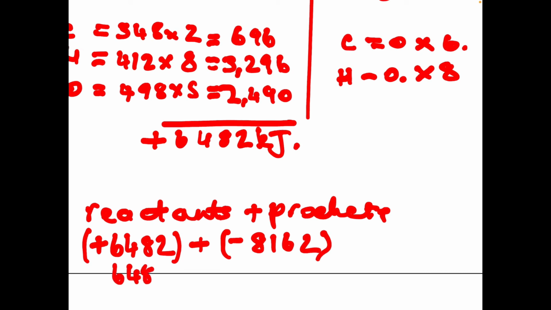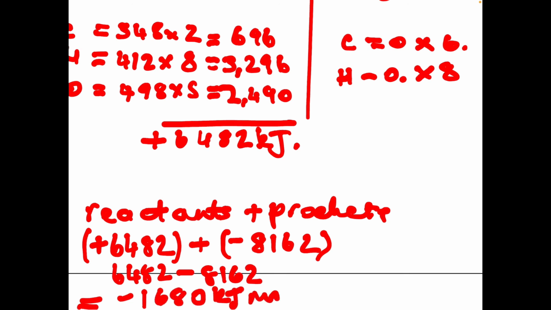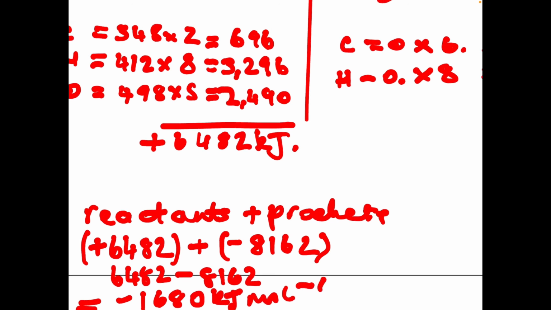So that's the same as 6,482 take away 8,162. So in total that enthalpy change is going to be minus 1,680 kilojoules per mole. There you go. And that is the final answer.